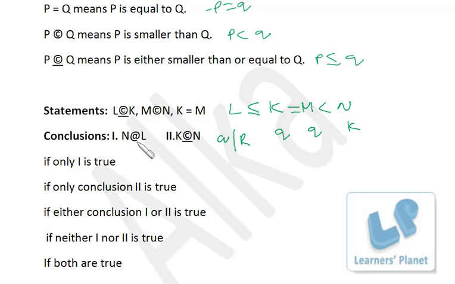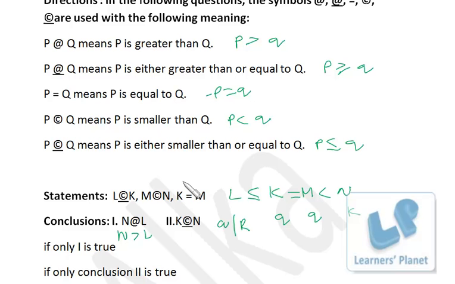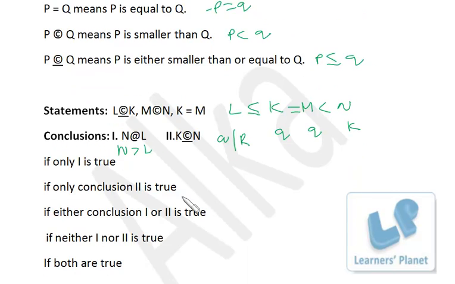Okay. N and L. N at the rate L, that means N is greater than L. You can see over here, N is greater than L, and K is less than or equal to N. So N is greater than L, that we can say for sure.